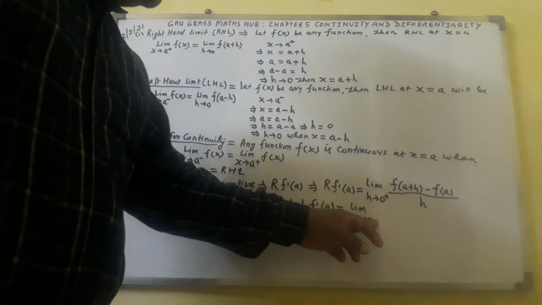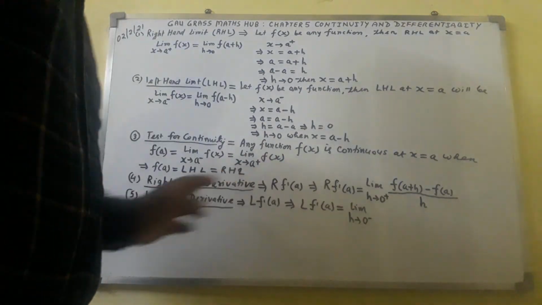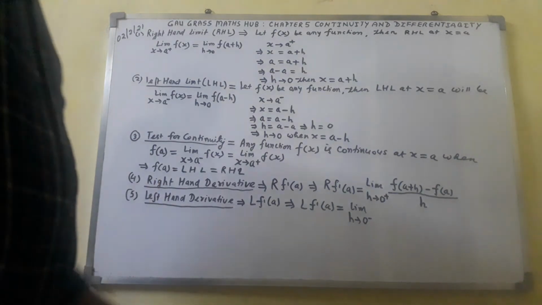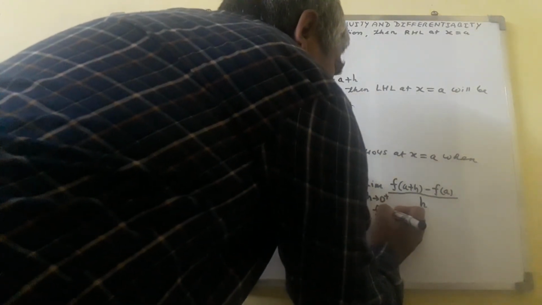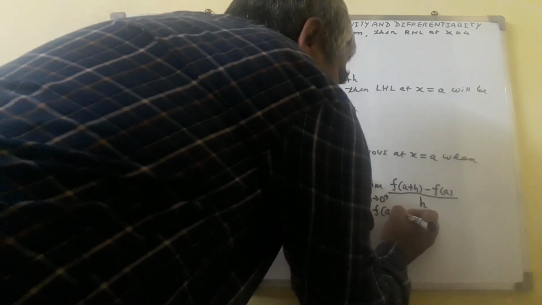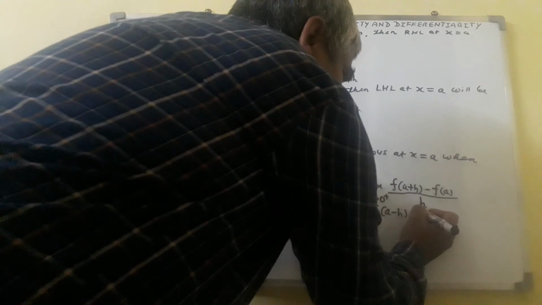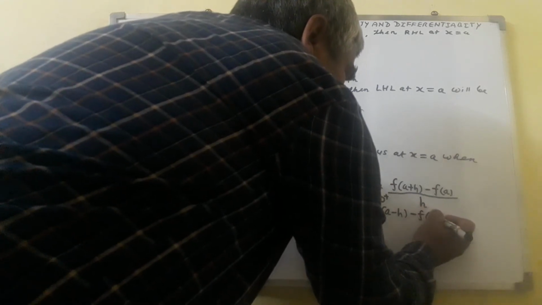Here you can write f of a minus h minus f of a whole over minus h.